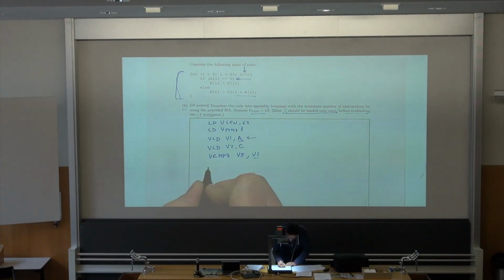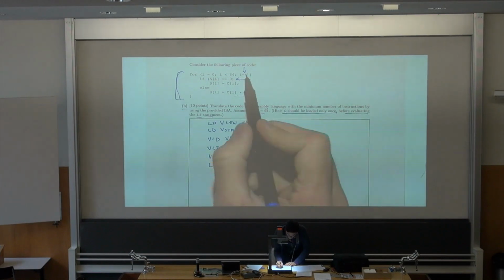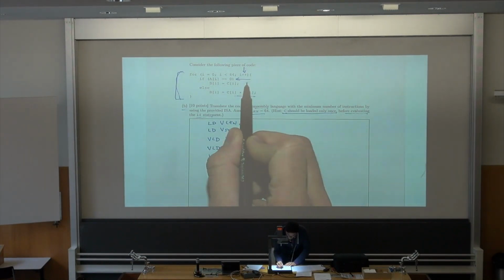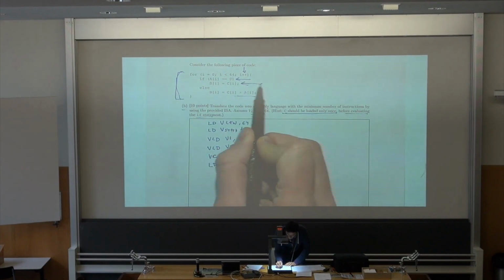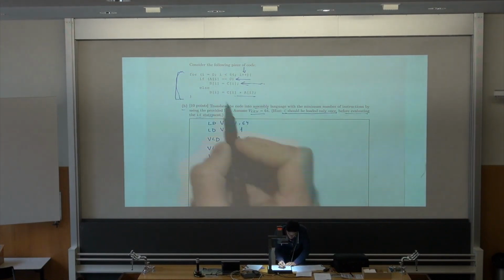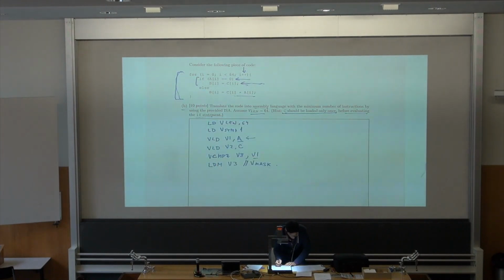Right after that, we create the mask, VMask, from V3. So here what we are doing is creating the mask, and now we are able to execute this instruction because we are in this part of the if-else statement, and the mask has the corresponding values. So we start the store in array B.